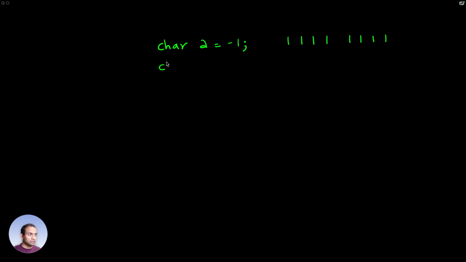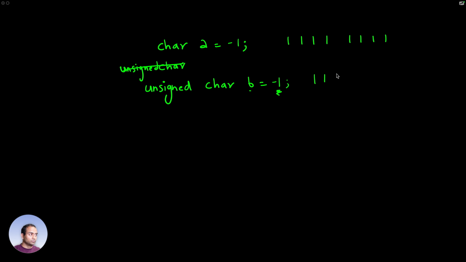My claim is that if I were to do unsigned char b equals -1, now this sounds funny, we have a -1 here but it's an unsigned character b.